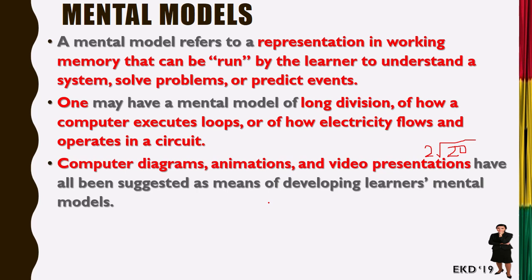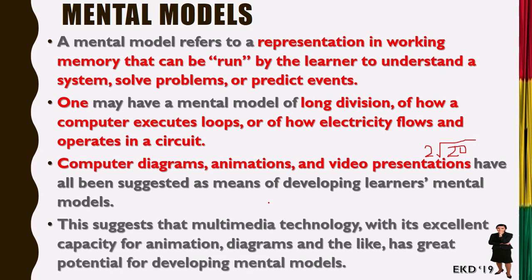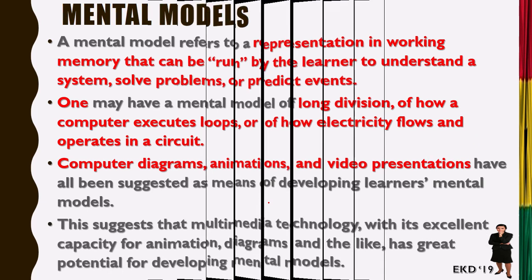And what you can do is use diagrams, animations, and videos to create that mental picture, because they have not seen electricity flowing because it's intangible. So you can use an animation or a video to show them how electricity flows, and they will create that mental picture. Okay.